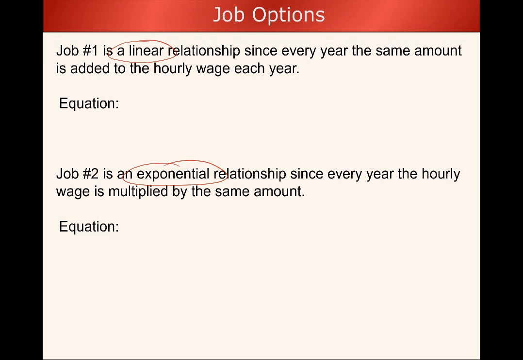So if I want to know my hourly rate, let's just call it A for amount. In this case, it would be $10 plus $1.20 times N. We'll call N the number of years that you've worked. So at 0 years worked, $10. 1 year worked, $11.20, and so on and so forth.